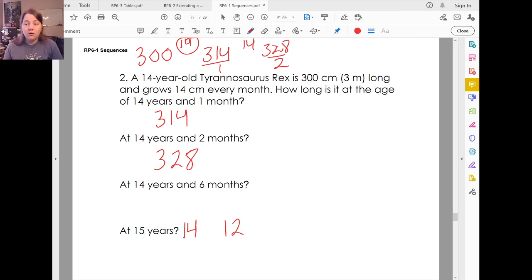And then to get all the way to 6 months, we're going to go ahead and continue the pattern, even when we don't have room on our paper, because you have room on your paper or whiteboard or whatever it is that you're working on, because you can go ahead and get a new piece of paper without running out of room. So 328 plus 14 is going to be, see kids, I would go ahead and put the answers on here, except I don't see the pause recording option.